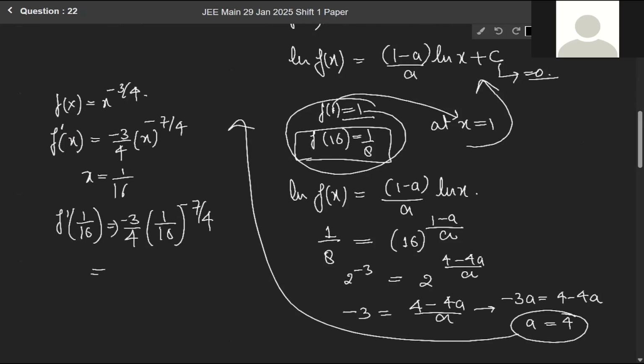So solving it, we get minus of 3 by 4 into 16 squared minus of 4x into minus of 7 by 4.